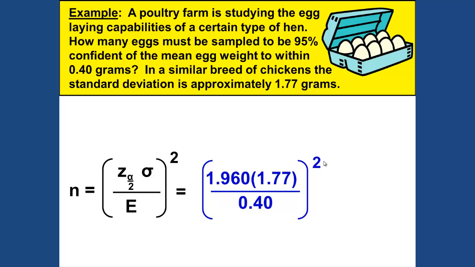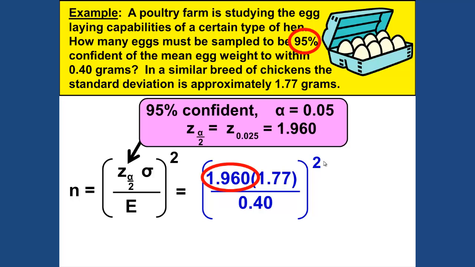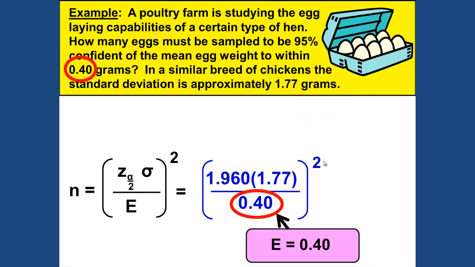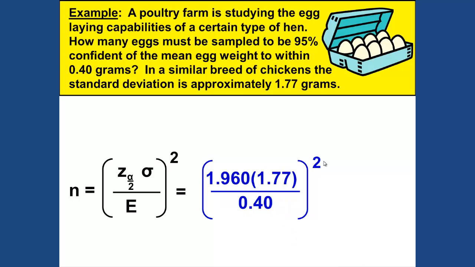One of the most often things for students to forget is the square on the outside. Please do not forget that squared. And when you plug all that back through, you get 75.2209.